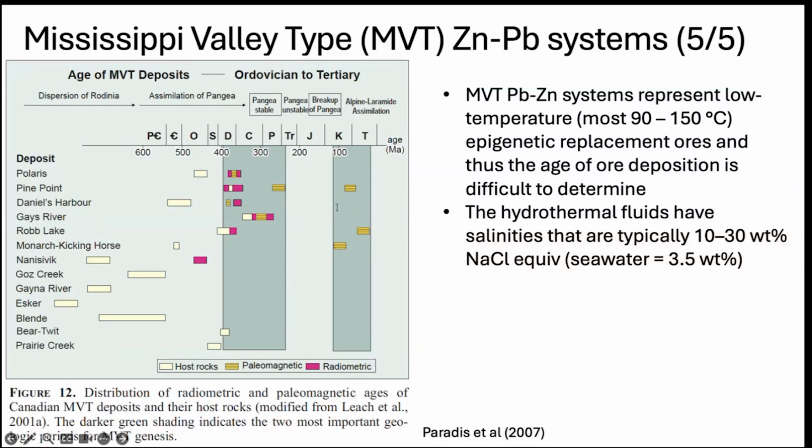But the ages of mineralization, based on paleomagnetic or radiometric dating, are Paleozoic and Mesozoic for the most part. So you can see there's a significant time gap in some cases between when the rocks formed and when mineralization occurred.